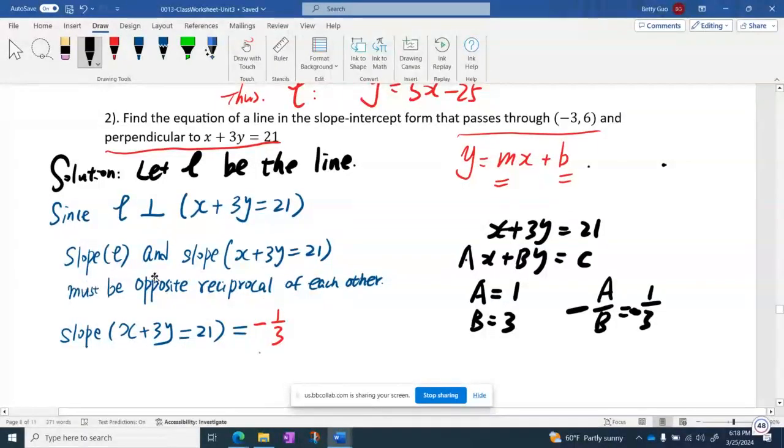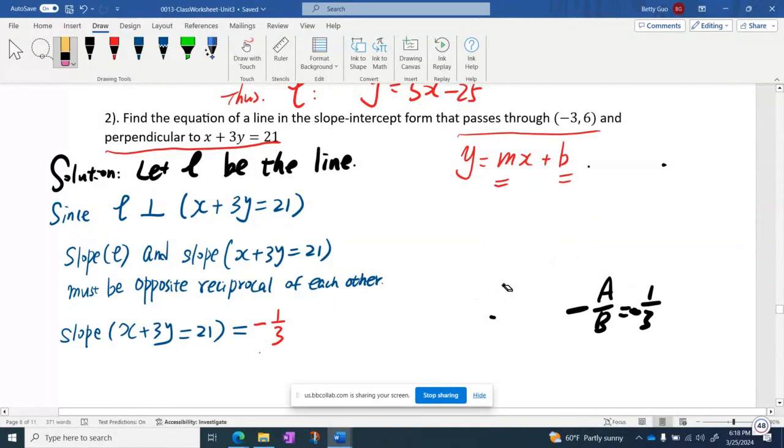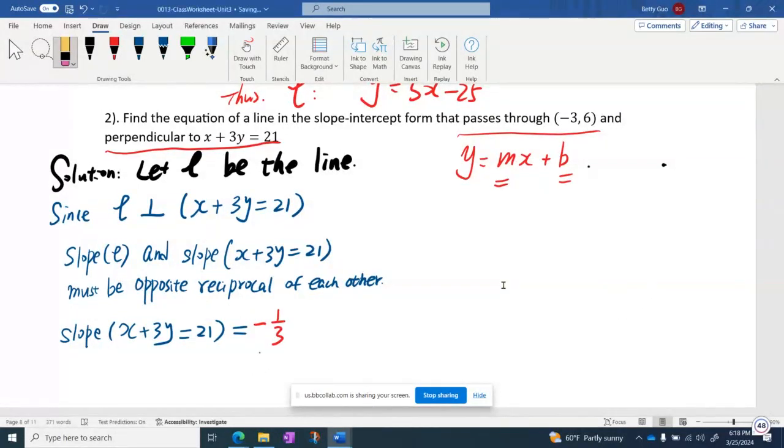Our goal here is to find the slope of L. Since the slope of L and -1/3 are opposite reciprocals of each other, the slope of L should be equal to what? I highlighted line L and x plus 3y equals 21.